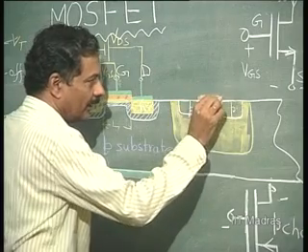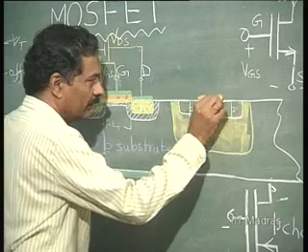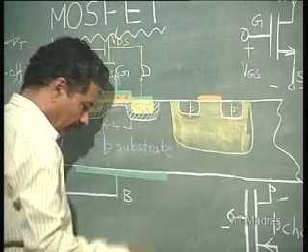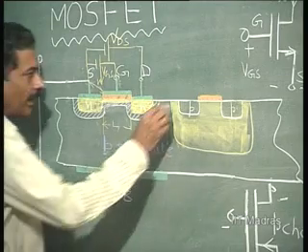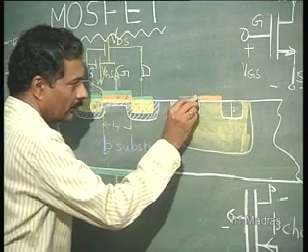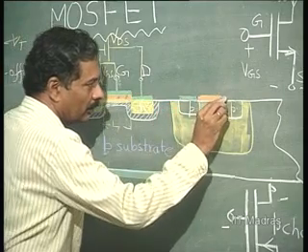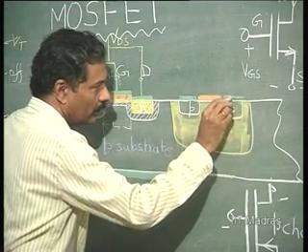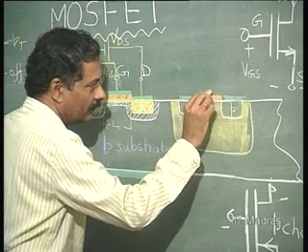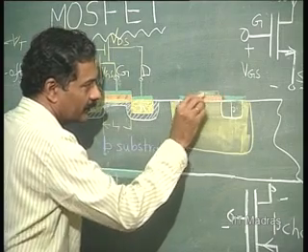This is silicon oxide, which is also there as the gate oxide, and then over this we will have the source and drain contacts, and the gate contact on this.